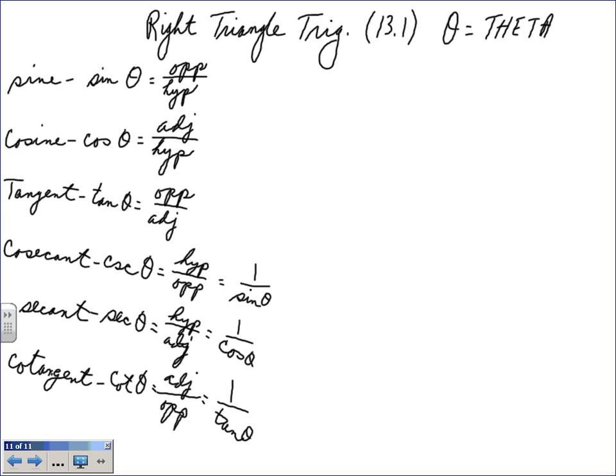So let's take a triangle. Let's take a right triangle with measurements 8, 15, and 17. And let's label this ABC.